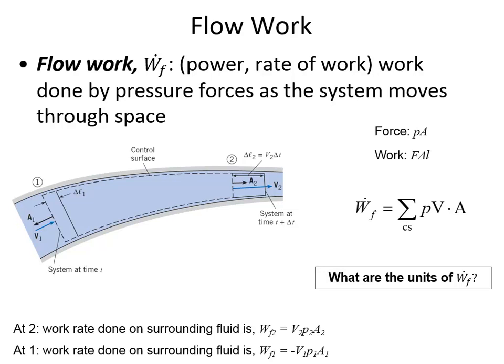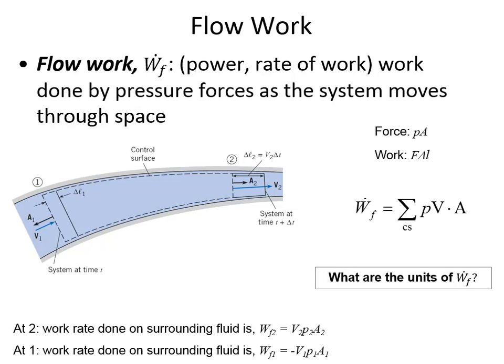And what do you suppose are the units of that? What are the units of W dot? Well, let's find what are the units of the things that are used to calculate W dot. W dot has units of pressure, which is going to be what?